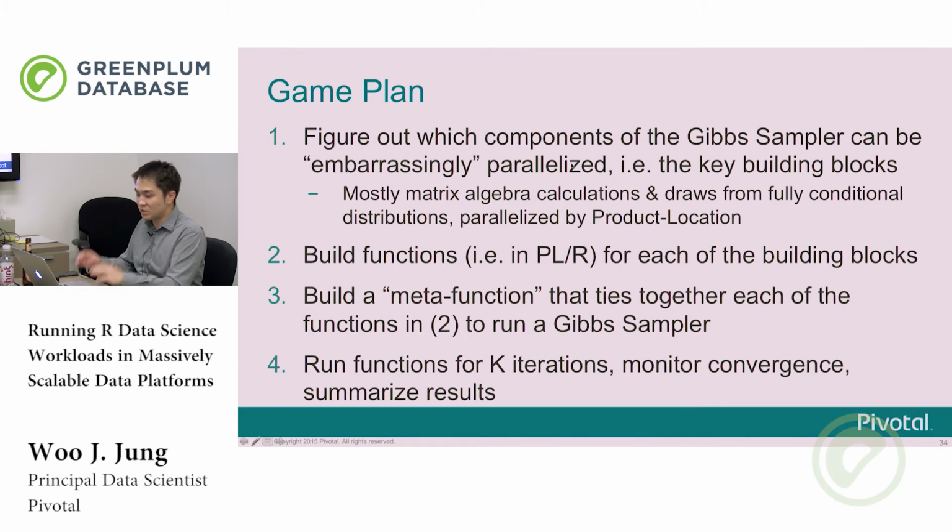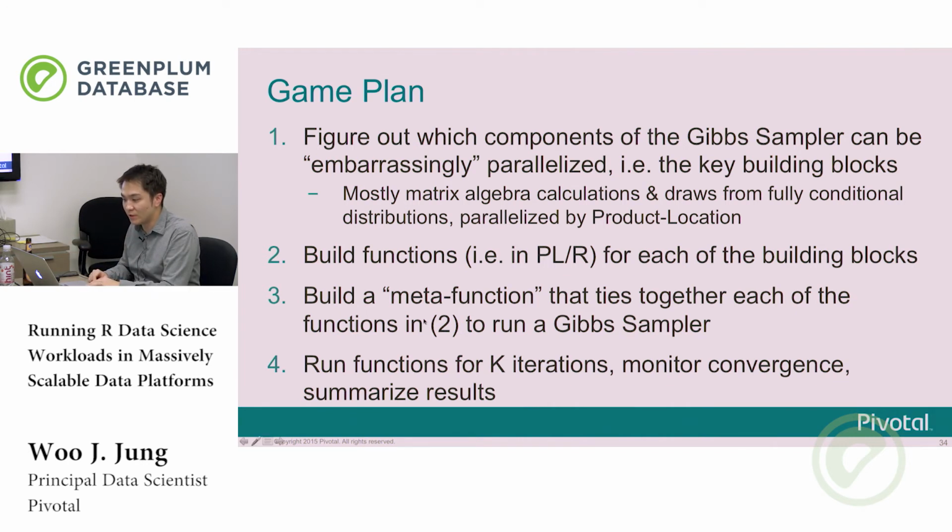So we figure out which components of the Gibbs sampling set of computations can be embarrassingly parallelized. And then for each of these building blocks, we build a PLR function, and essentially it's a bunch of matrix multiplication routines that we can then define in these building block functions.